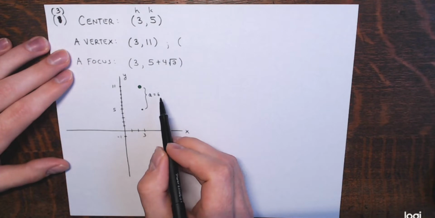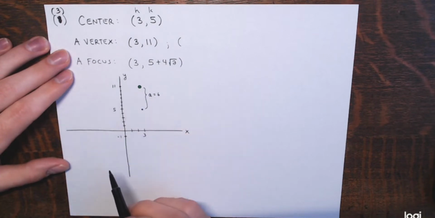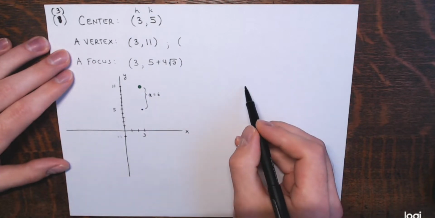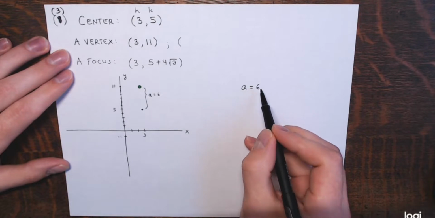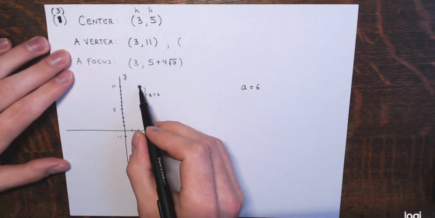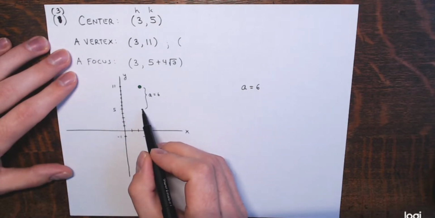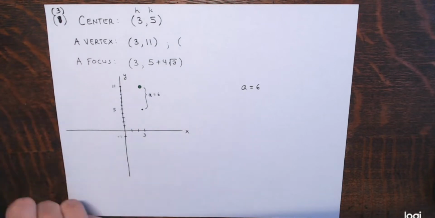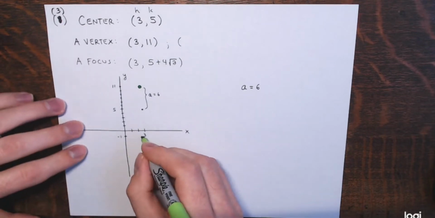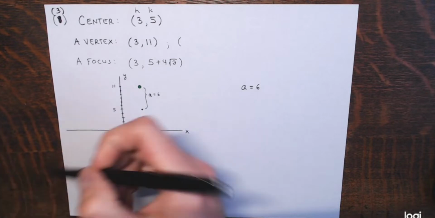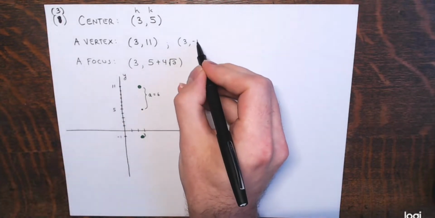From 5 to 11, that's 6 units. So the value of a is 6. If we have a vertex 6 units above the center, through symmetry you'll have a vertex 6 units below the center. So that'll be at 3, negative 1.